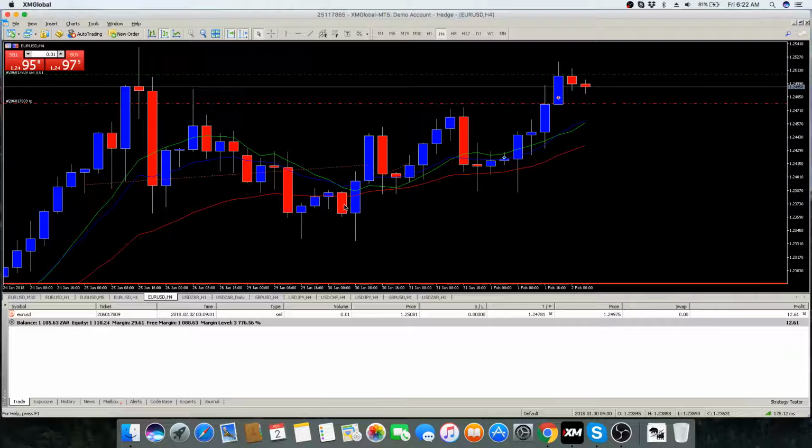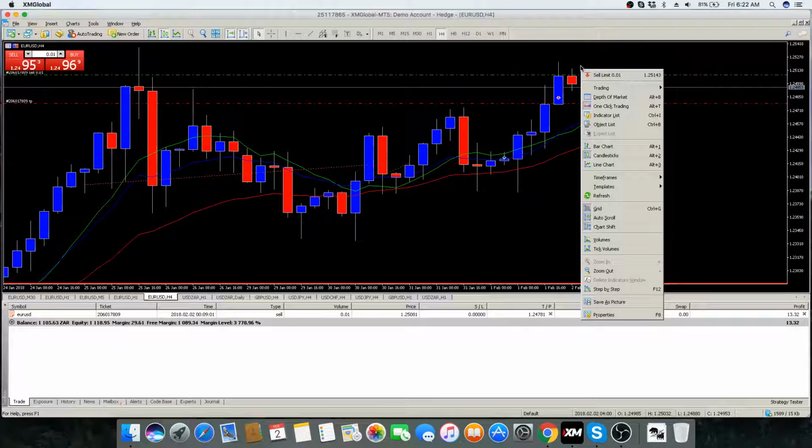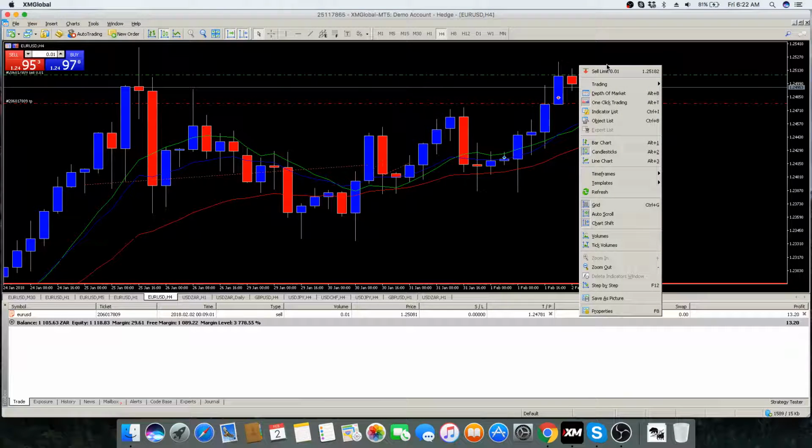Same thing happened here. Then what I do is, say this has already happened, I would say this zone over here looks interesting. I want to set a limit order. You can right click if you're using your laptop and set it automatically.